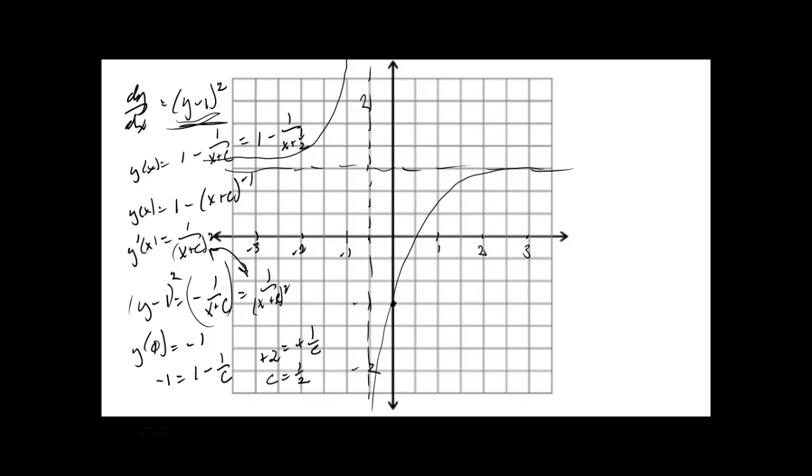Now, that's the first part of example 5. The second part says this. Now, y is equal to 1 over, okay, sorry, I've already done that part.